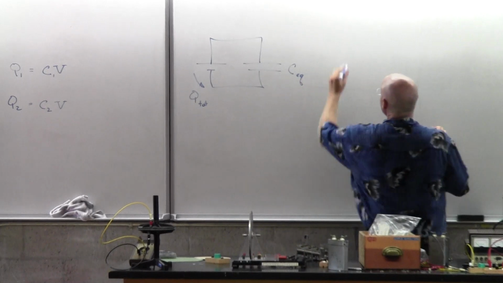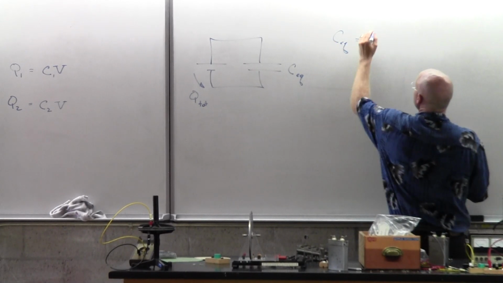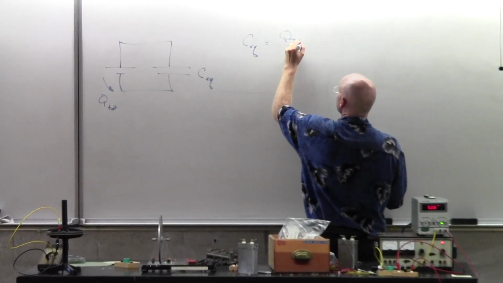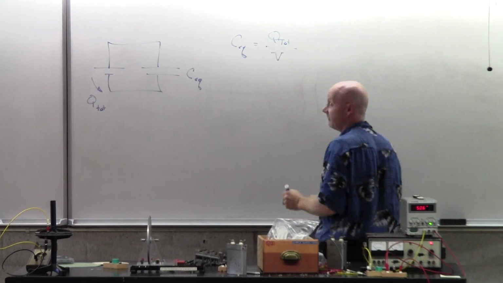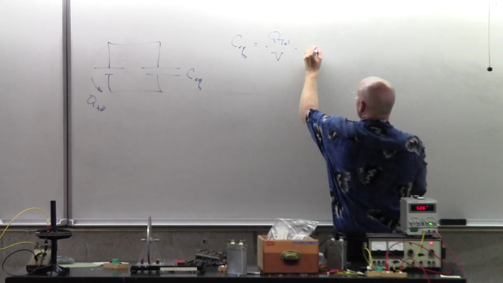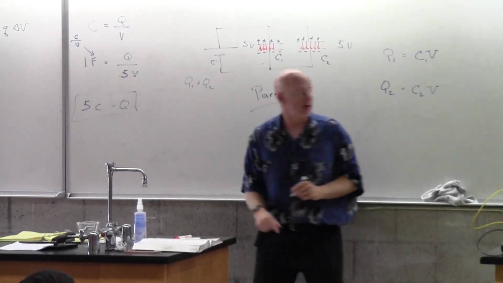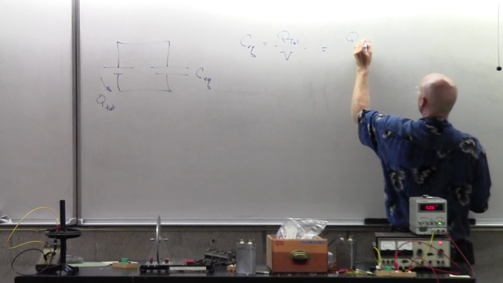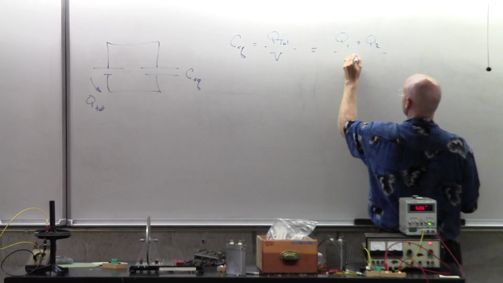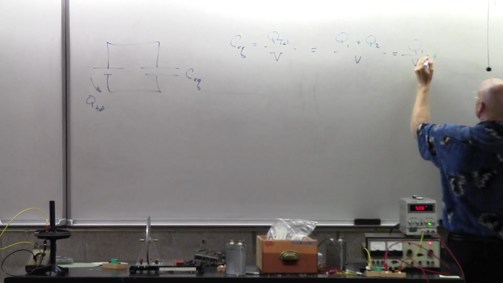In other words, the equivalent capacitance would be the charge total that comes out of the battery going on our 5 volts. But if I take this conservation of charge that you said here and apply it to this step, I would have charge 1 plus charge 2 divided by V.